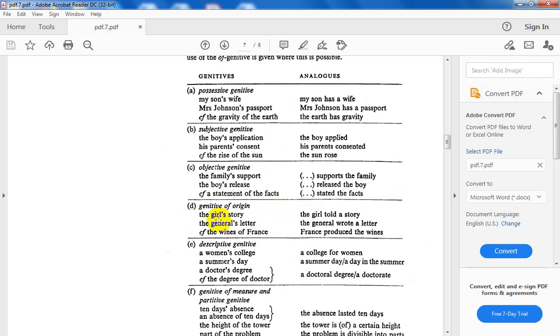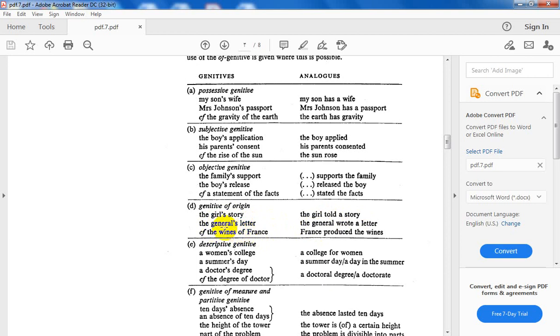Genitive of origin. What is the origin of a noun with S? The girl's story: the girl told the story. Here, it is personal, so it takes the S genitive. The general's letter.